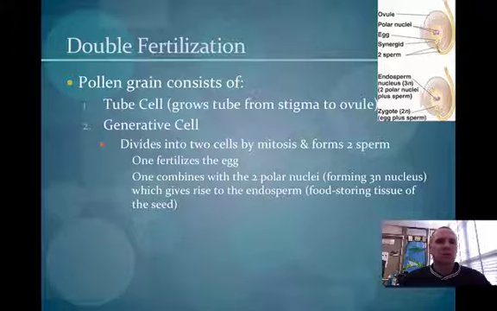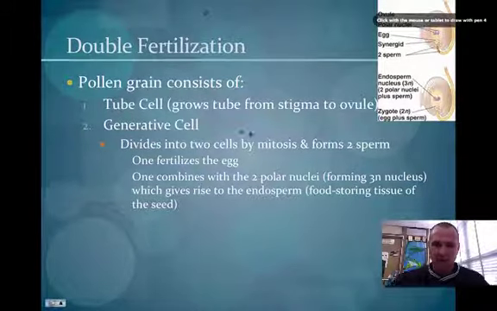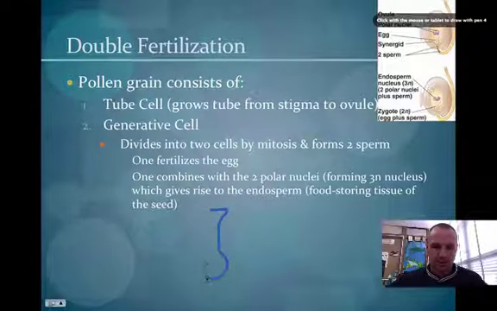Now, angiosperms have a unique fertilization pattern called double fertilization. So this is important. The pollen grain, remember, is the male gamete, and it consists of 2 parts. It contains a tube cell, which is the thing that actually creates the tube. If you think about the carpel, it kind of looks like a bowling pin.